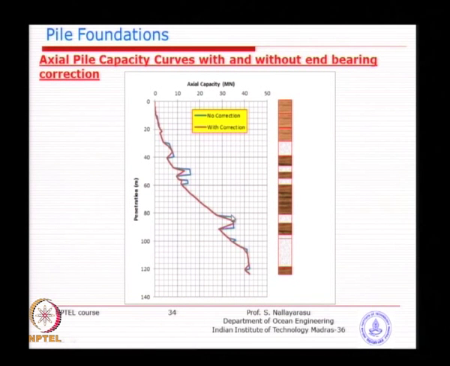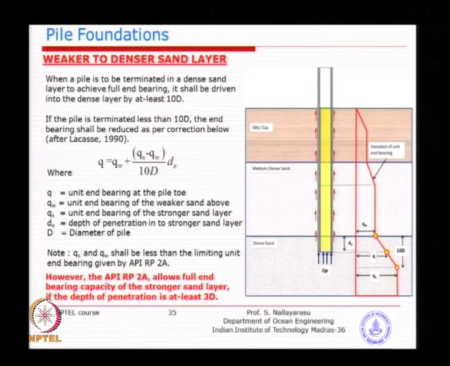Comparing the blue one, the blue color is basically with no correction, that means I will have lower capacity and higher capacity like steps, which is not correct, which is not going to be achievable. So, that is the idea behind the corrections for the interface of layers to layers, which needs to be definitely done. So, that is one from weaker to denser. Like this we have 2-3 cases which we will go through quickly.